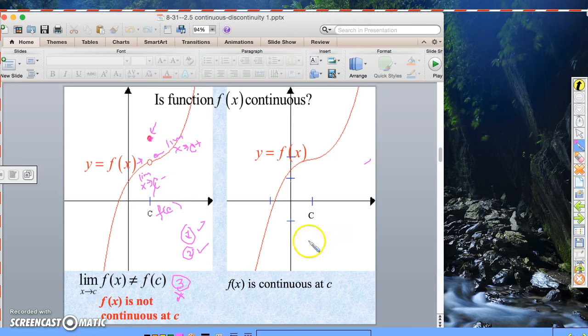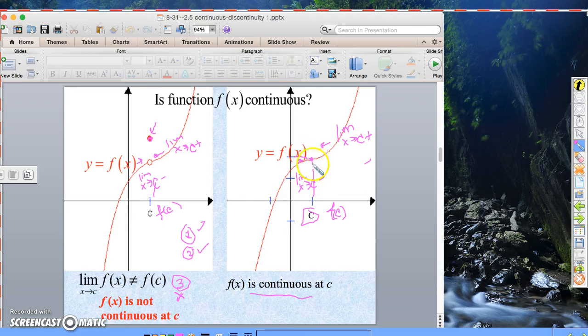Now, take a look at the next case. This is called a continuous function. Take a look at the C value here. When I plug it in, it is right about here. See that? The limit as x approaches C from the left and the limit as x approaches C from the right all approach the same value, which is 2. If I plug C into my function, guess what?